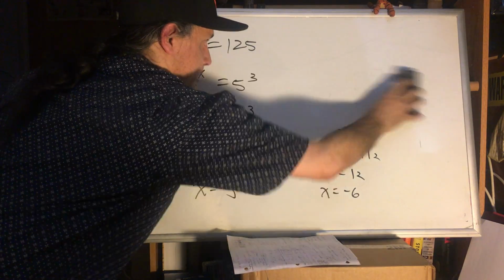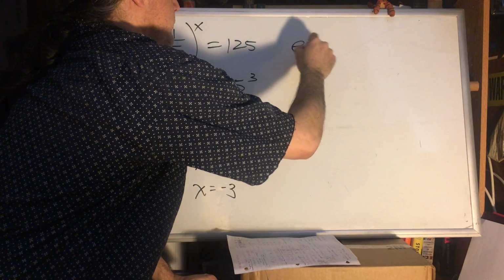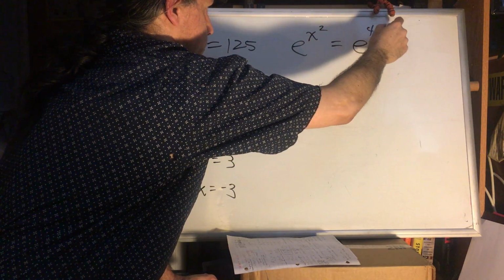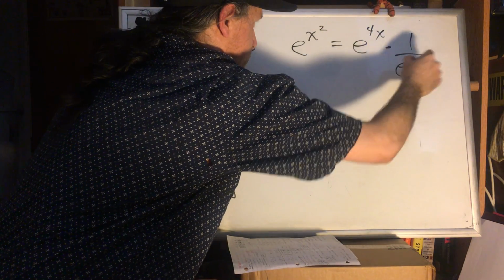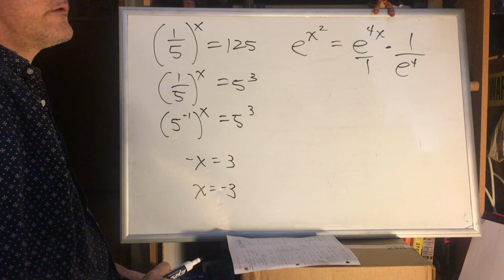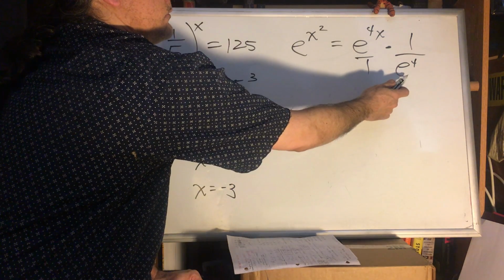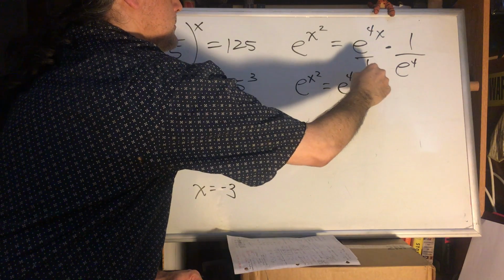Now sometimes you have a problem a little bit more involved. So you might have e to the x squared equals e to the 4x times 1 over e to the 4th. Okay, so all the bases are e, so we just got to simplify this one and write it as a negative exponent.